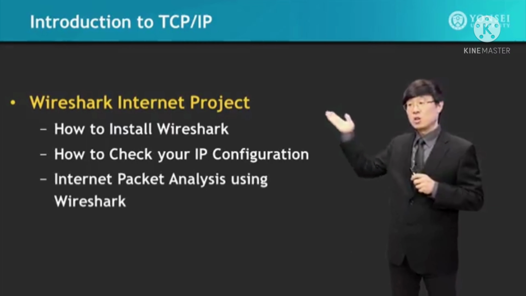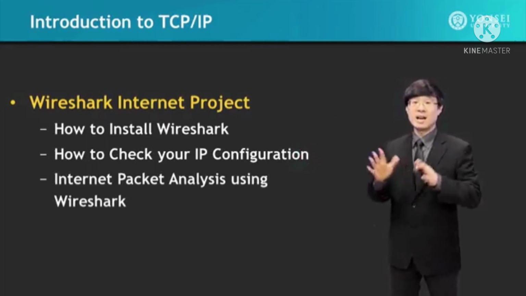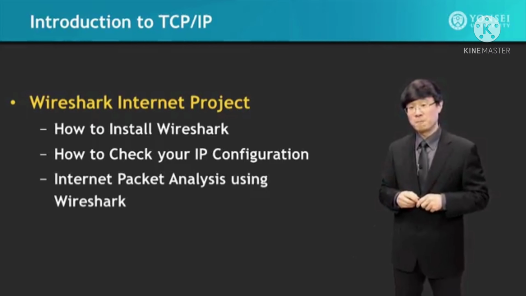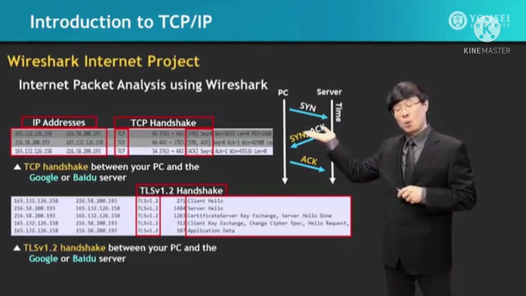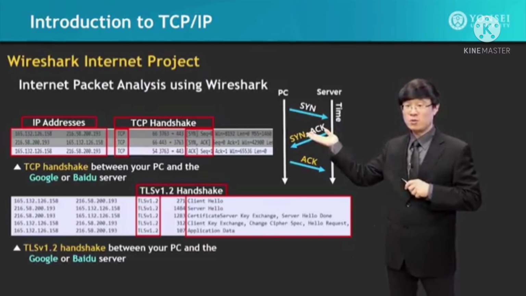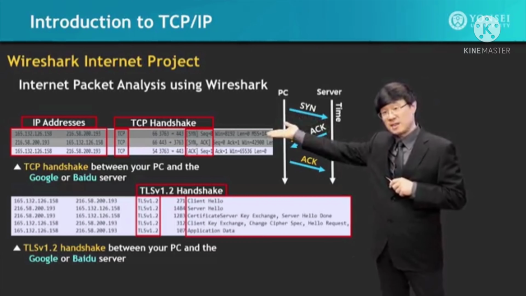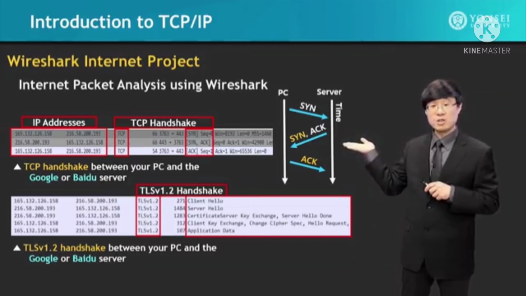And then, using the Wireshark program that we installed, we're going to analyze the overall internet connections that we've been using so far. For example, one snapshot of a Wireshark capture of actual action going on through the internet connection and your PC is demonstrated here, where you can see the source IP address, destination IP address, including the TCP handshake, which is a handshake operation like this.